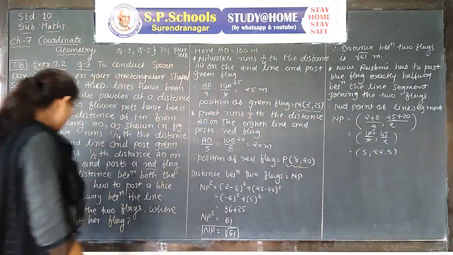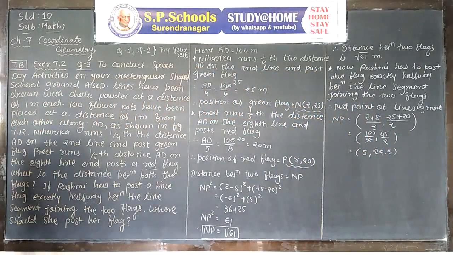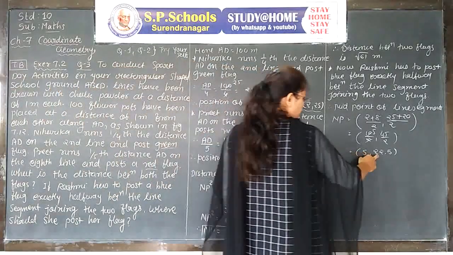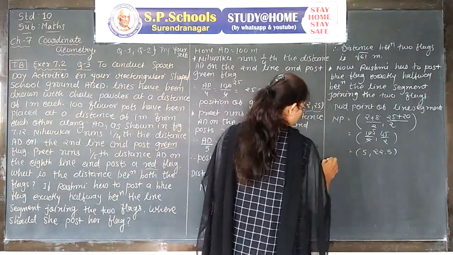Now the answer is available here. She should post a blue flag at the 5th line and at the distance 22.5.